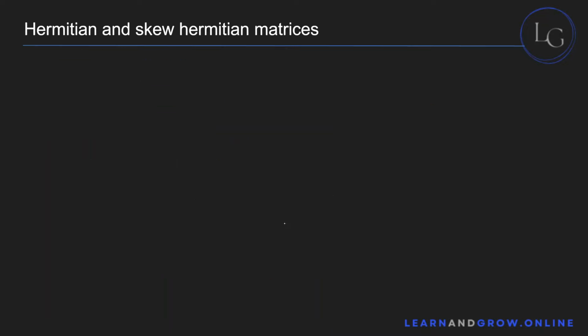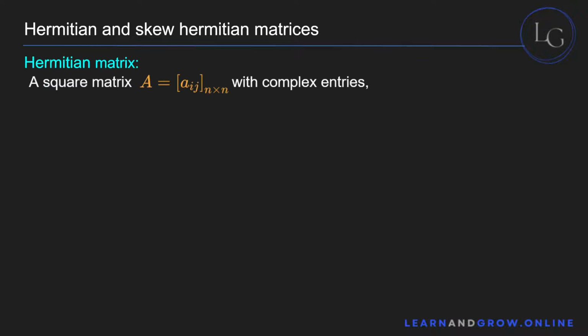Now, Hermitian and skew Hermitian matrices. So a Hermitian matrix is, let's just take a square matrix A with complex entries. Now basically a complex number is in the form a plus ib.